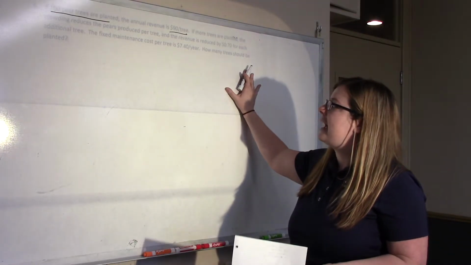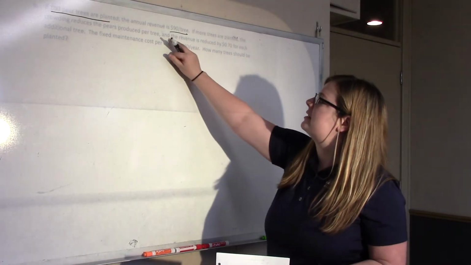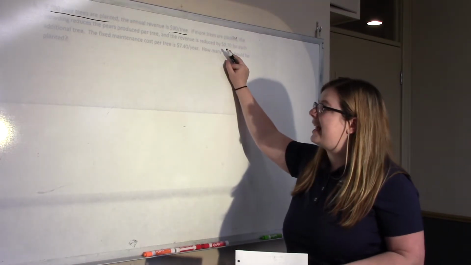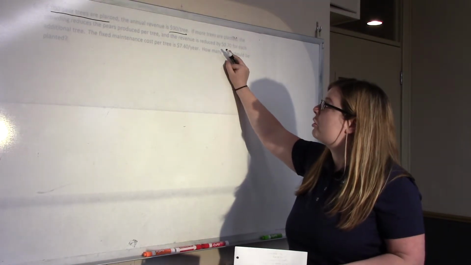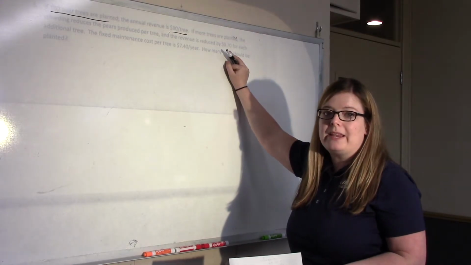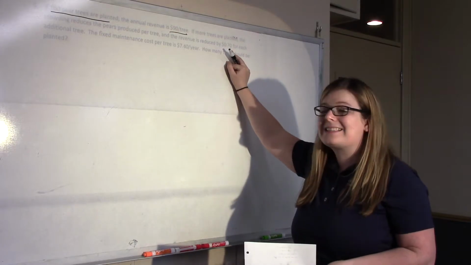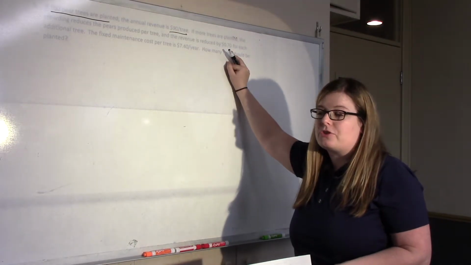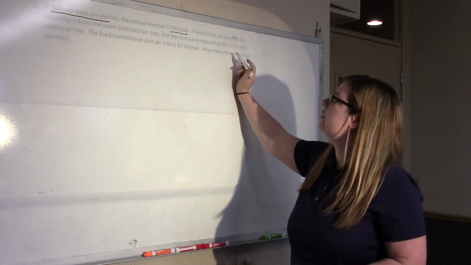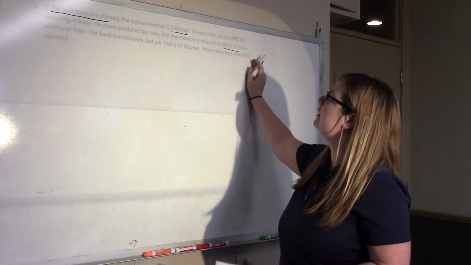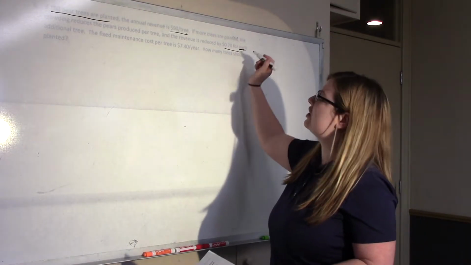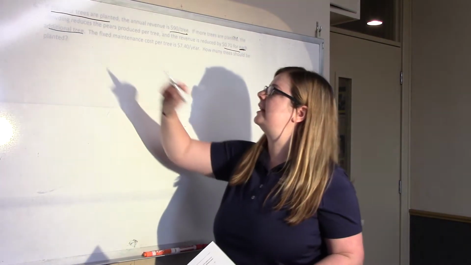Okay? That's what's happening. So then the revenue is reduced by 70 cents, okay, per tree for each additional tree you planted. That makes sense that your revenue is reduced because you're reducing the number of pears per tree. Now, so 70 cents for each additional tree, okay?